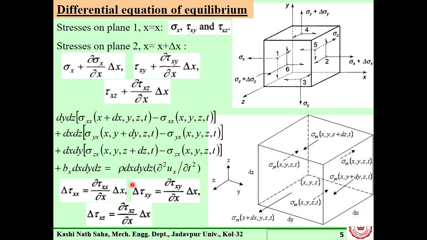So now this dx dy dz will get cancelled. What remains is del tau xx by del x, del tau xy by del y, and del tau xz by del z.